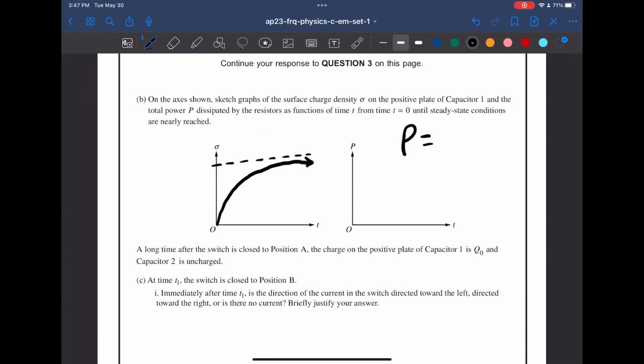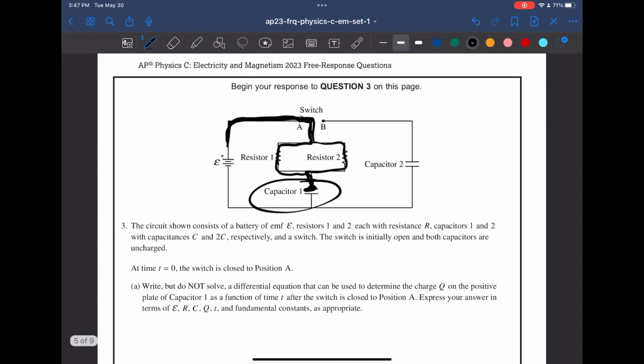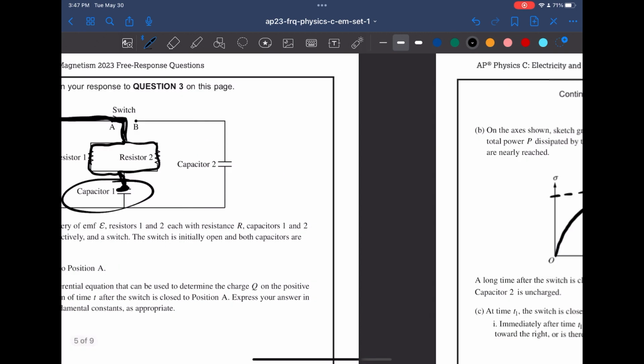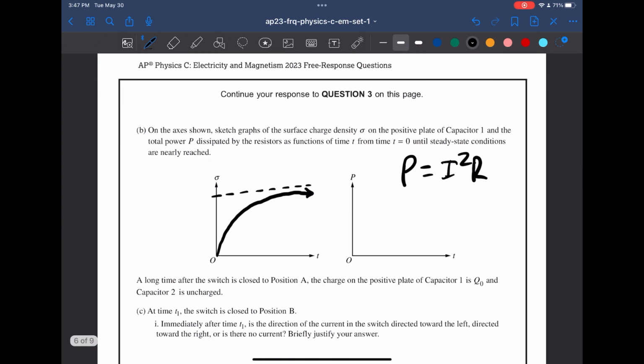Using the equation power is equal to current squared times resistance, with the current found through Ohm's law, we are able to create a graph for the power. We know that the current is going to be less over time due to the capacitor. So the graph is going to be decreasing, going towards 0. It will start up here, and then it will decrease to 0.